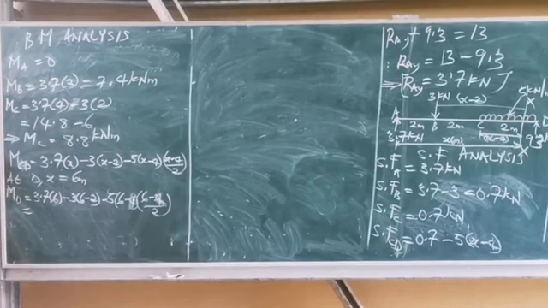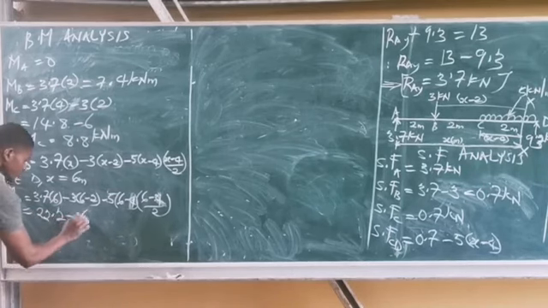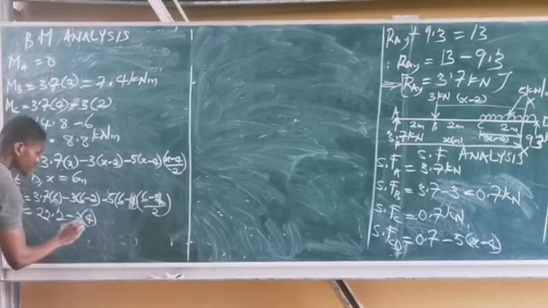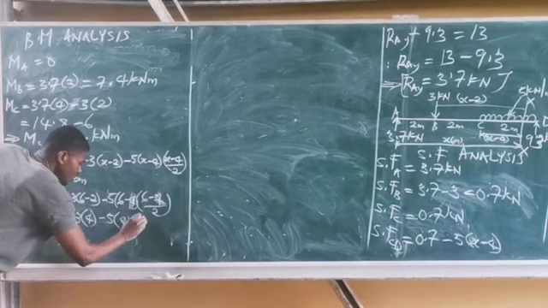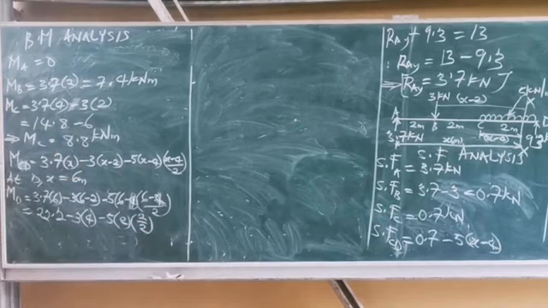And this is equal to 3.7 times 6, which is 22.2, minus 3 into 6 minus 2, which is 4, minus 5 into 6 minus 4, which is 2, divided by 2.